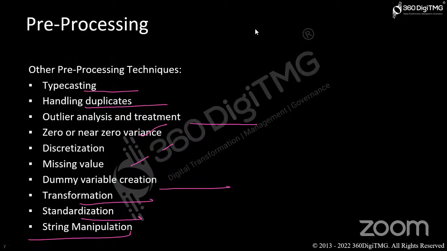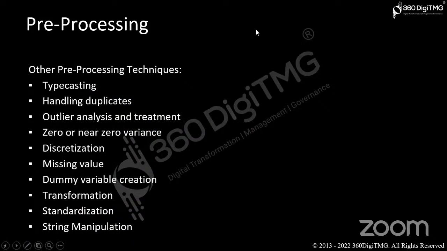And another thing, as I was telling you, the data that you collect from your secondary data source will have a lot of missing values, or it will be a mix of various data types. So you do typecasting. In typecasting, you convert, say, integer to float, or vice versa.